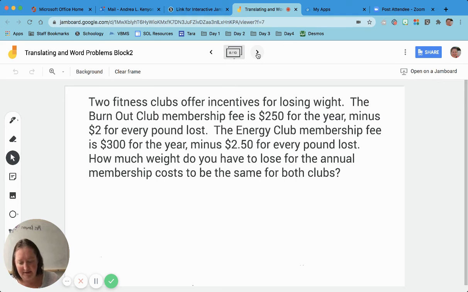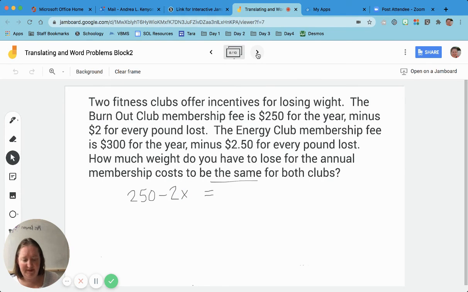Now that is the important part, same. Same in both. So that's how these are linked. We want to find out when they are equal to each other. So I take the information from the first club, and that's 250 minus, so you pay 250, but then you get to subtract $2 for every pound.